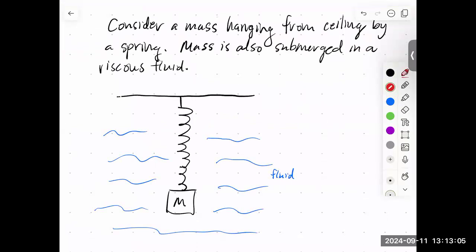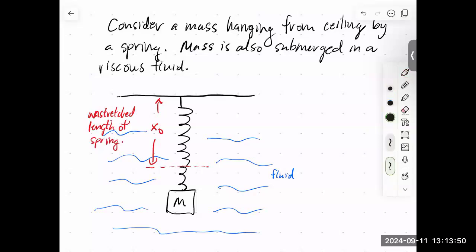It'll stretch it until there's zero net force. So maybe a better way to say it is that the spring force pulling it up, which is K times the displacement, is equal to the gravitational force pulling it down, mg. Okay, and so maybe without any mass on the spring, maybe this is the equilibrium length of the spring. So x0 is the unstretched length of spring.